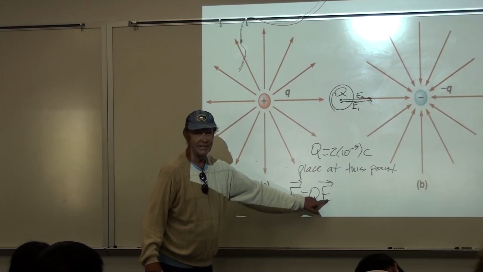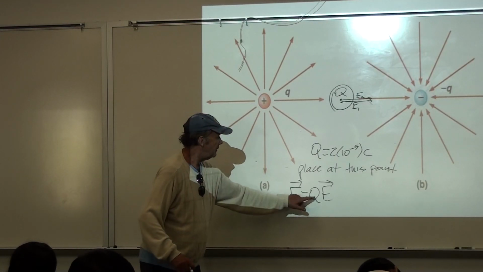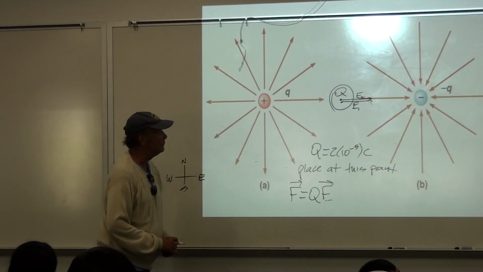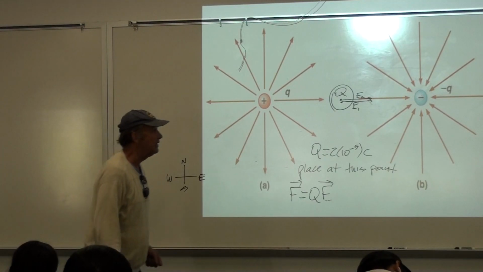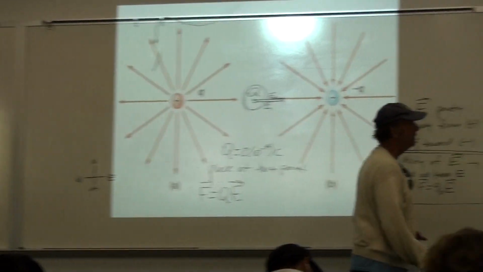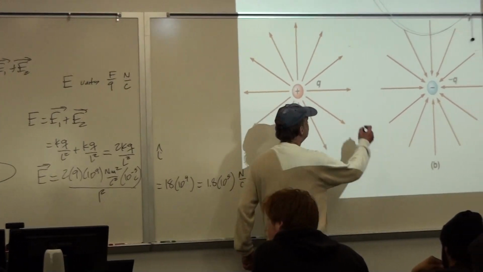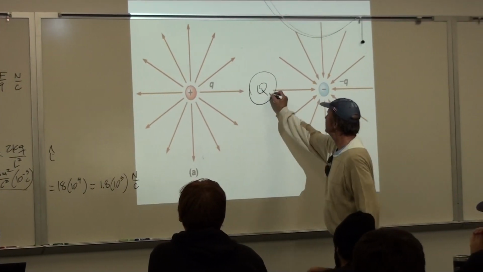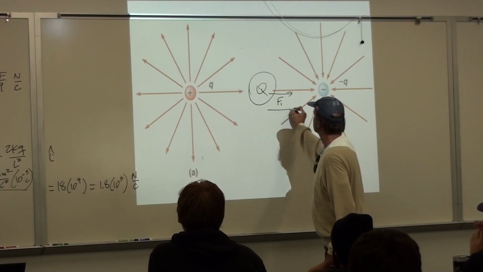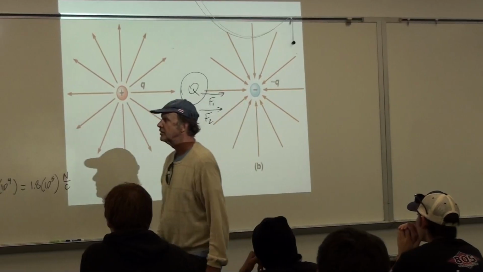F equals mg if you're doing a gravity problem. But here, if you know the electric field, then you just have to multiply it by the charge, and it's so easy at that point. You've done all the dirty work by figuring out what the electric field was over here. Then all you have to do is put a charge there at that point, and then that charge is going to experience a force due to each one, and that force is just going to be QE.